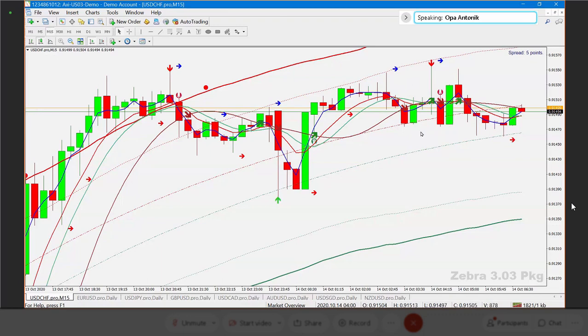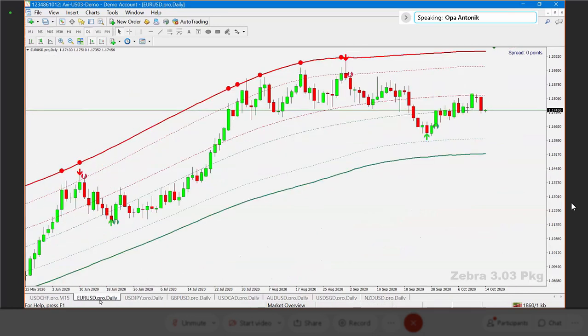Now for you, if you're a breakout trader, I would keep my eye on this blue level right up in here and this red level right up in here. So those would be kind of the breakout trades on a lower time frame. So you can see that you can do lots of different approaches to getting this put into place.